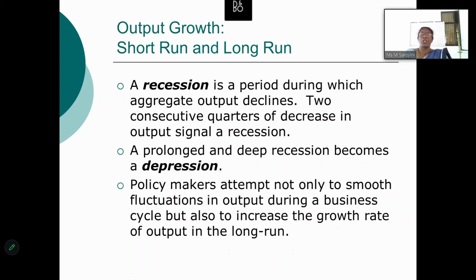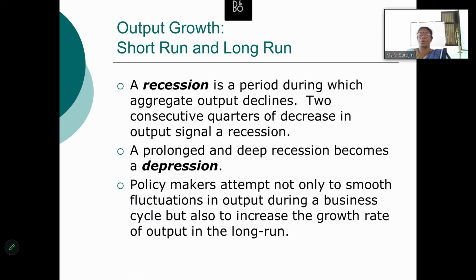The recession is a period during which aggregate output declines. Again, we are in the phase of declining output. Two consecutive quarters of decrease in output signal a recession, meaning the output goes down for two consecutive quarters continuously.